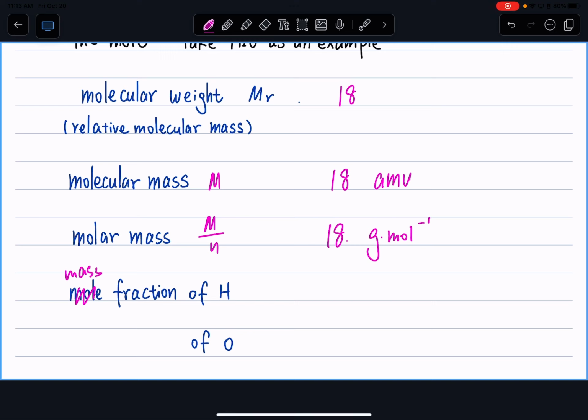We have 1/9 for hydrogen and 8/9 for oxygen. This one is just a quick example: the mole is a concept that everyone thinks they know, but make sure you actually know what the question is asking about.